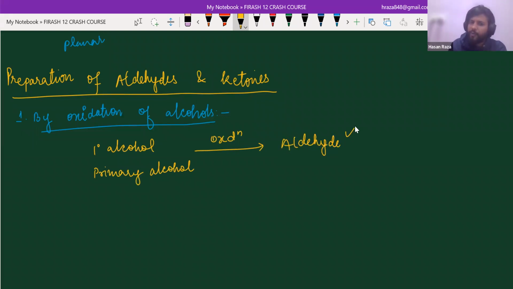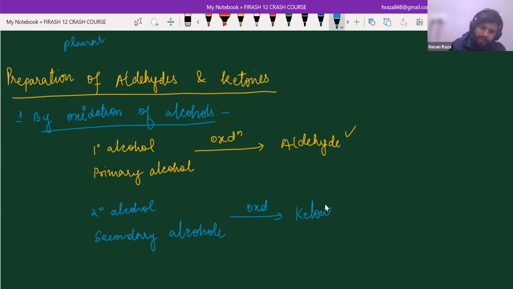In the previous chapter we did this or not, Firaz? And if you have 2 degree alcohol, it will be directly converted into ketone. If you are going to use an oxidizing agent, PCC or CrO3, it will be converted into ketone, right? So these are the reactions that we have already completed. So can I change the slide? Go for the next.